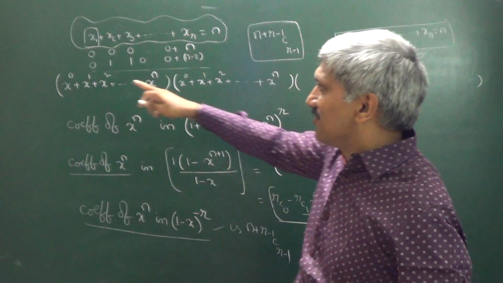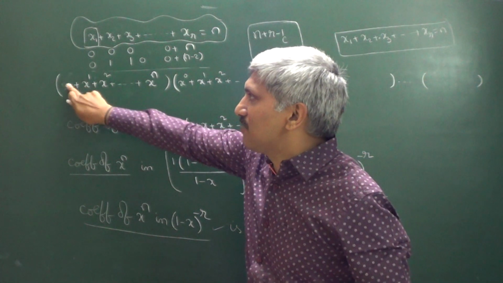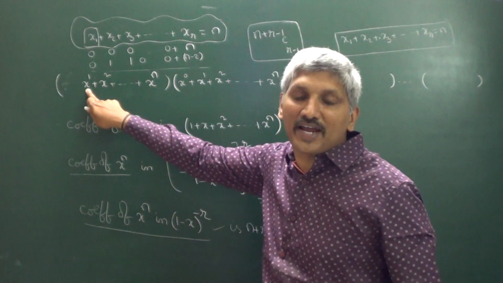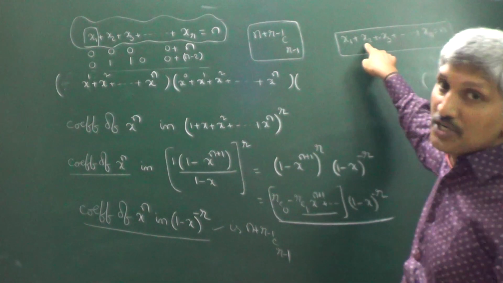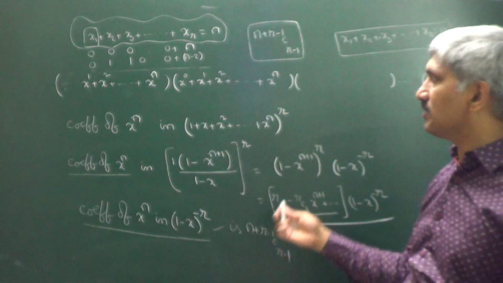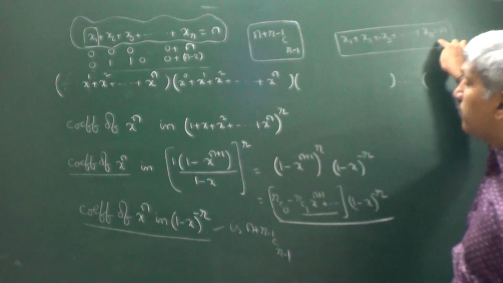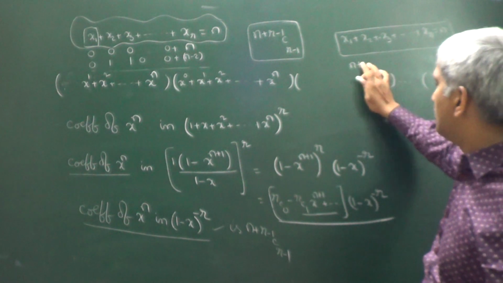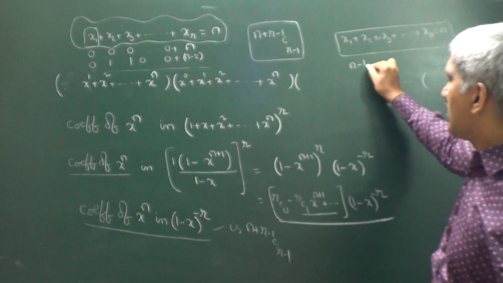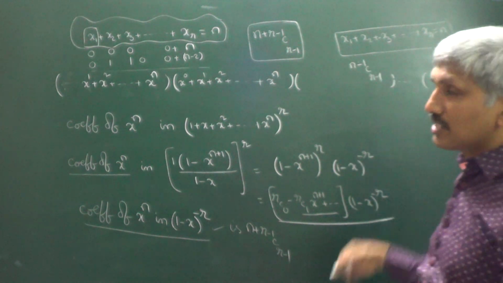That means you have to start from this term onwards, every bracket consisting of x power 1. So write the number of positive integral solutions and proceed in a similar way. You will get the number of positive integral solutions for this equation is (n − 1)C(r − 1).